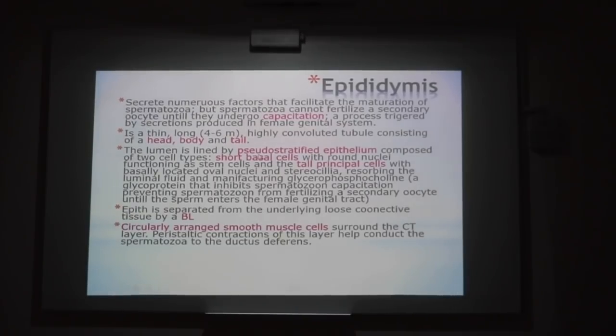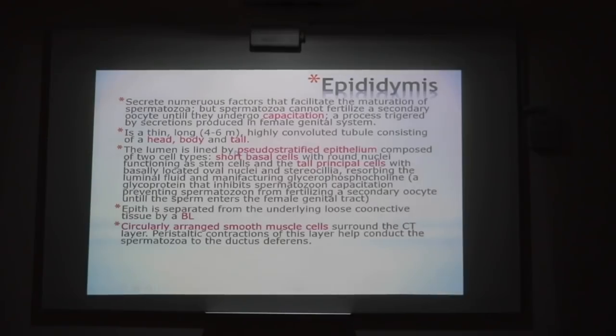The lumen of the mucosa of the epididymis is lined by pseudostratified epithelium composed of short basal cells with round nuclei, functioning as the stem cells, and tall principal cells with basally located oval nuclei and stereocilia.